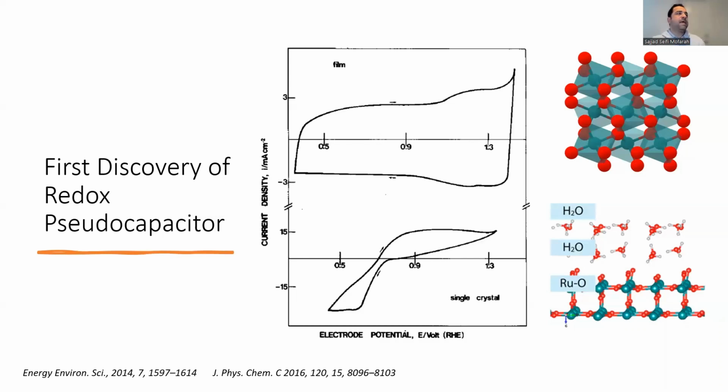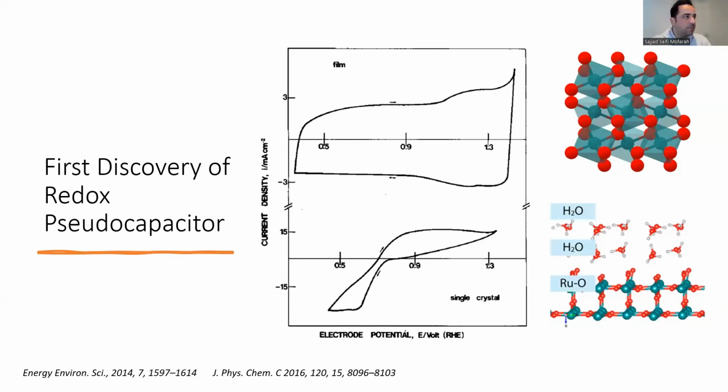What it tells us is how important it is to design the architecture of your material, to design the crystal structure of your materials, and all of these things can contribute to the energy storage behavior of your material.